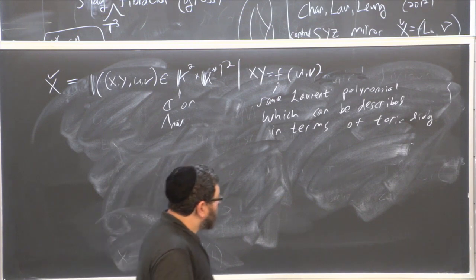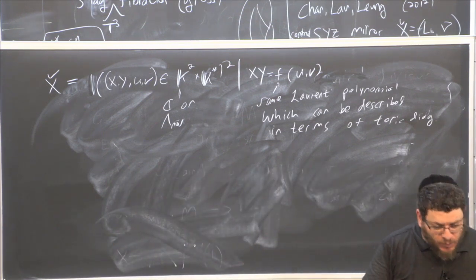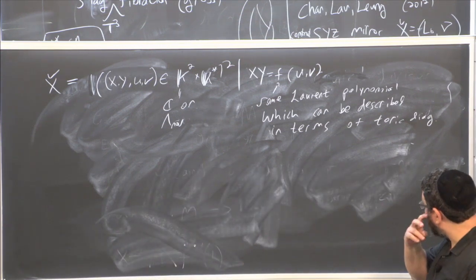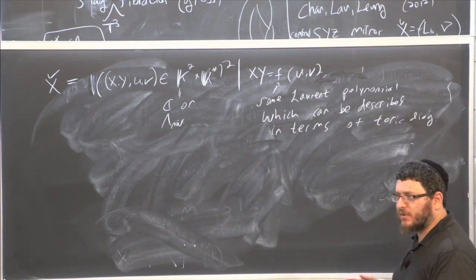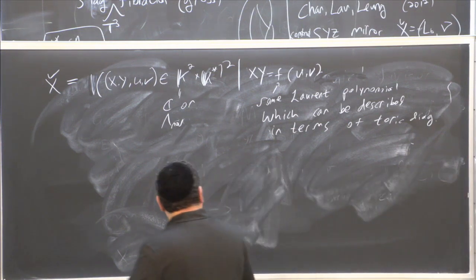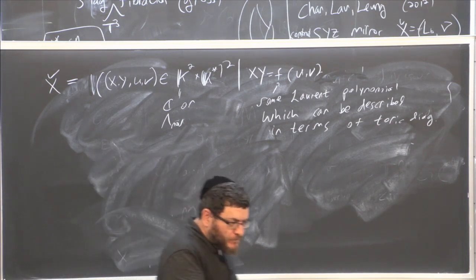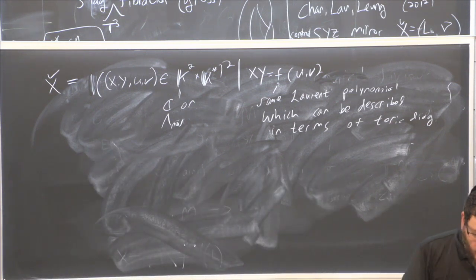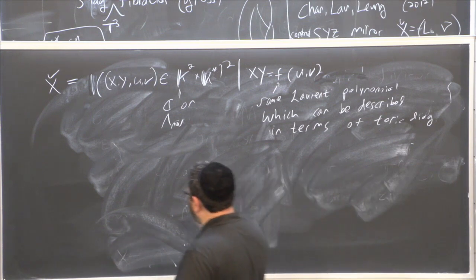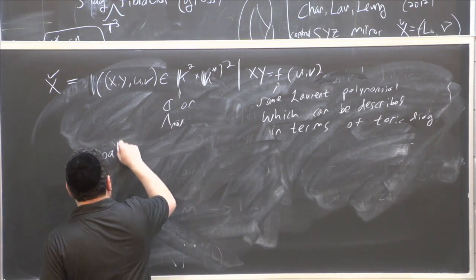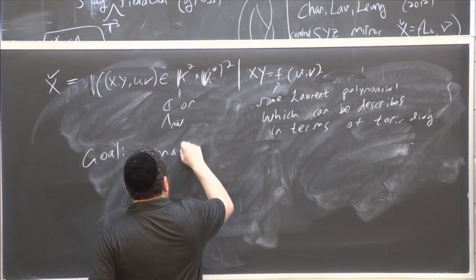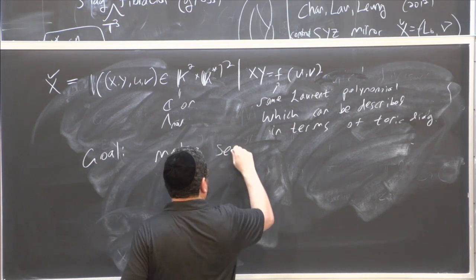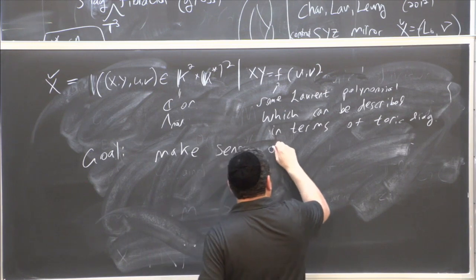So what I will do is state a few theorems as if these things are already defined, and then spend the rest of the talk making sense of them. Goal.